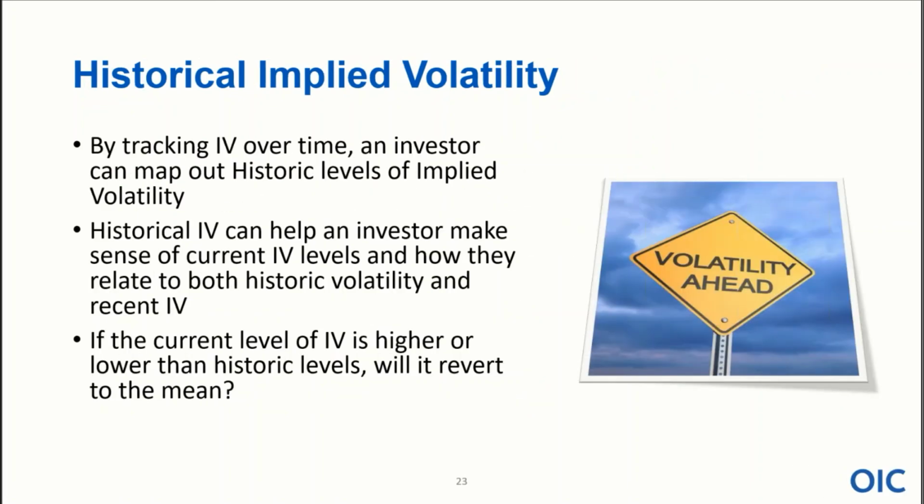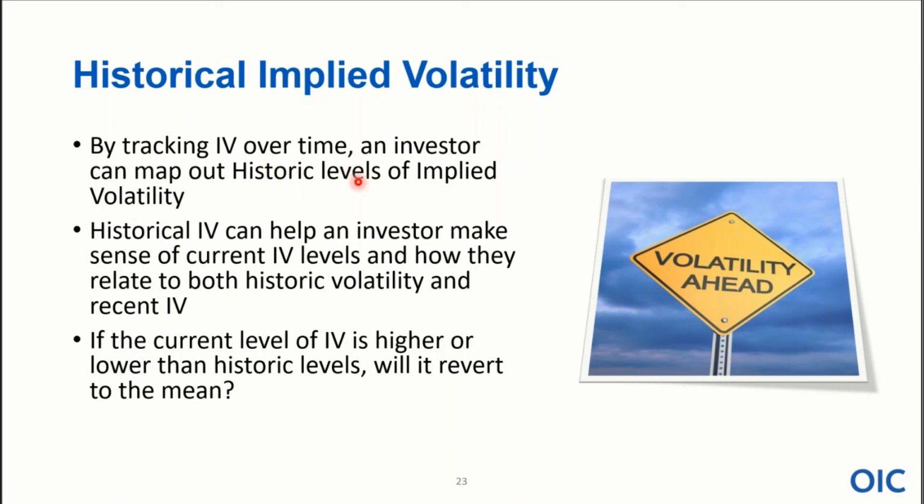I often get asked, how do I know if volatility is high or low? And this is where it gets difficult and can be challenging for a lot of investors who might not have access to tools and resources that can help them make this determination. But really it comes down to knowing where historical data is, and now I'm sort of merging these terms, not using historical in the sense of what we've seen in the stock, but historical in the sense of what we've seen in implied volatility itself.